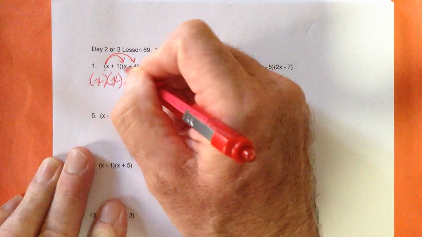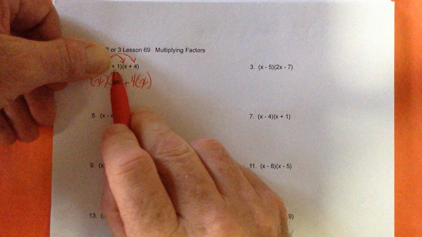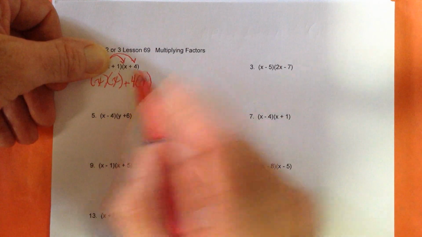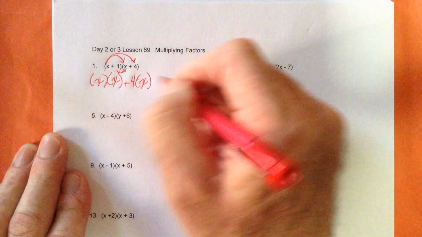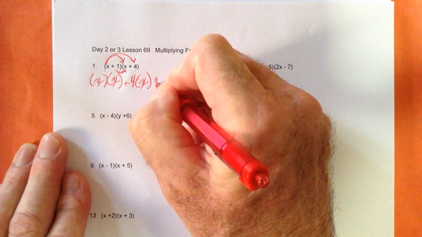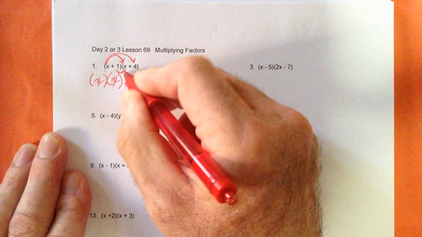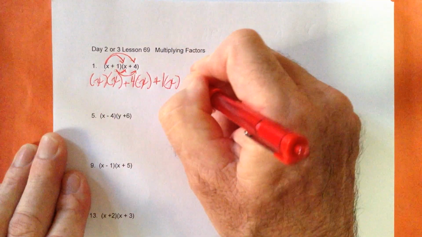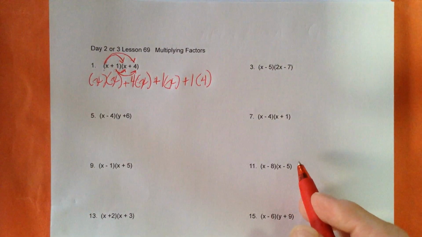But then I can pretend that the x isn't there. I have positive 1 times x and positive 1 times 4. So here I have to FOIL this way: plus 1 times x, and then 1 times 4. Okay?